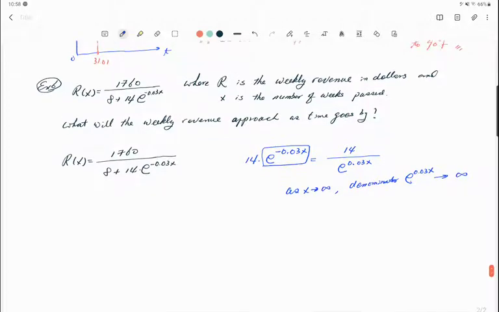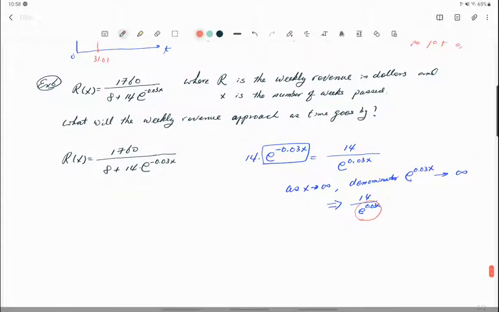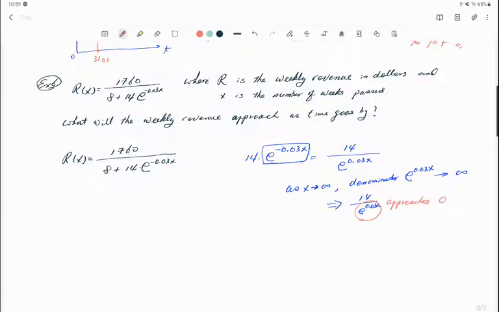Since the denominator gets large, you are dividing 14 by a very large number, so this one approaches where? 0. It approaches 0, right? Let me write it: approaches 0. Can you see it?